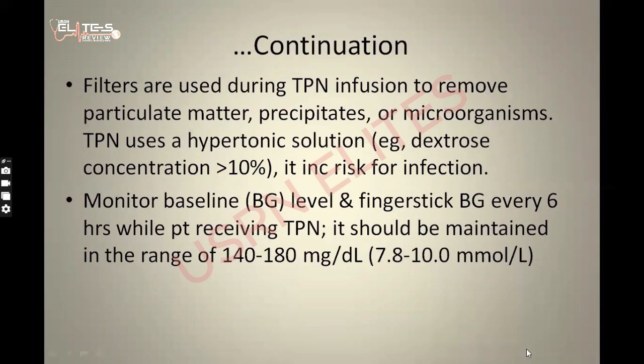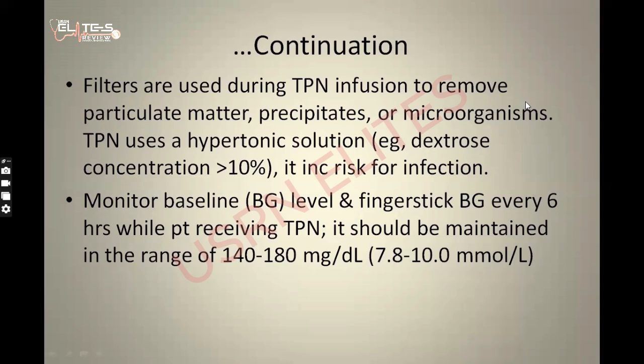If no question, it continues to say that filters are used during TPN infusion to remove particulate matter, precipitates, or microorganisms. So we should use a special giving set that has a filter. An example is similar ones used during blood transfusion, for this same reason.